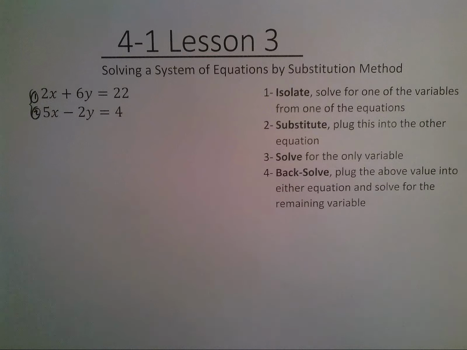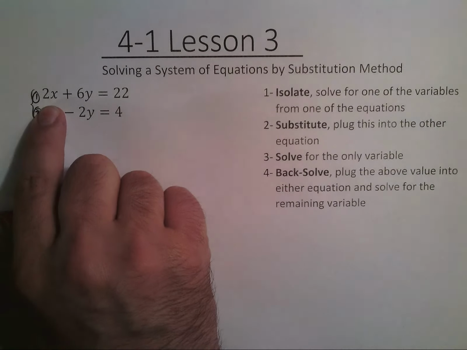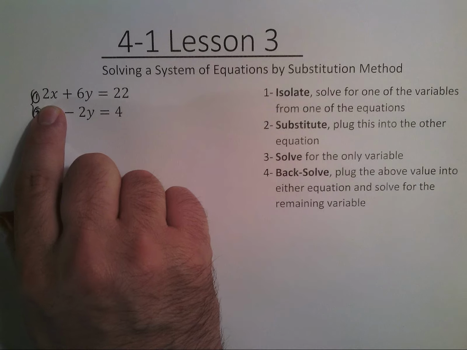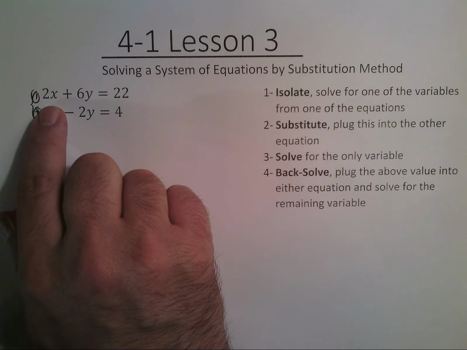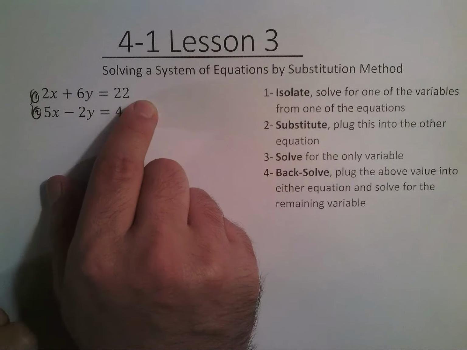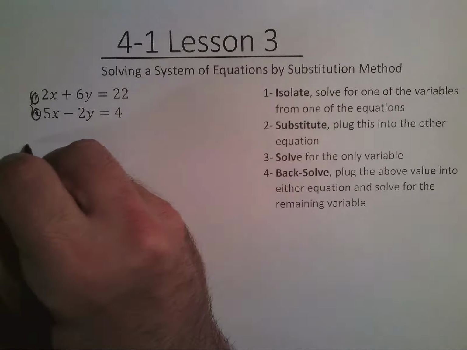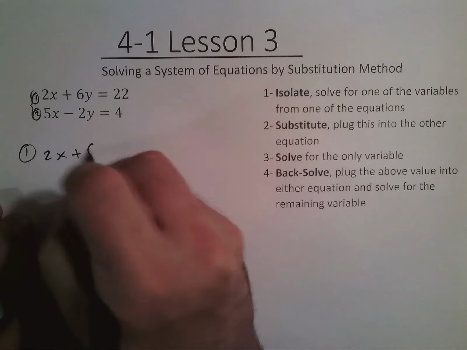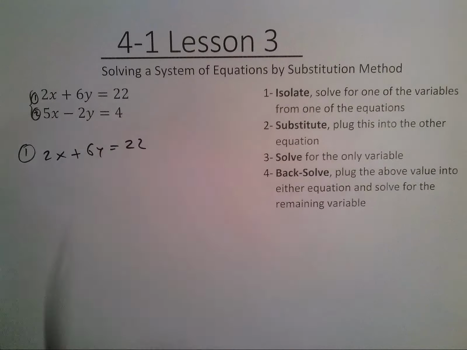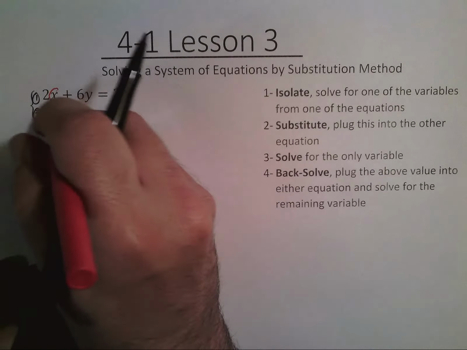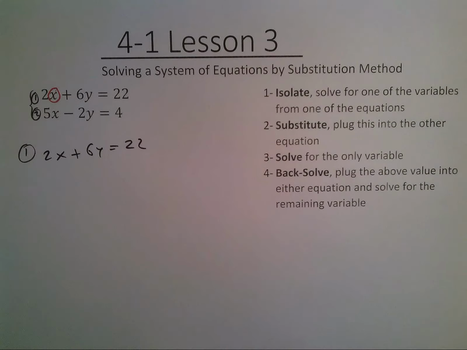So, first thing you're going to do is pick one of the equations to get by itself. Now, in my first equation, the 2x that I see right here looks like I can get by itself fairly easily. I'm going to have to move the 6y to the other side and divide everything by 2. Let's go ahead and do that. So my first equation, 2x plus 6y equals 22. And I'm aiming to get this x from my first equation by itself.